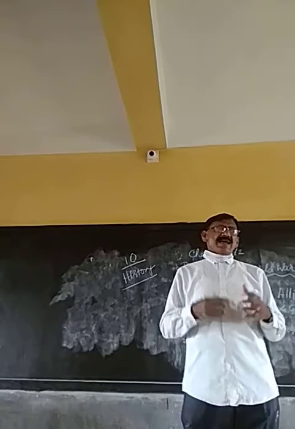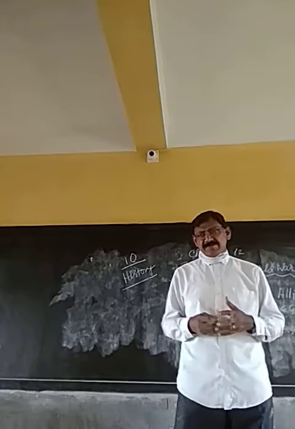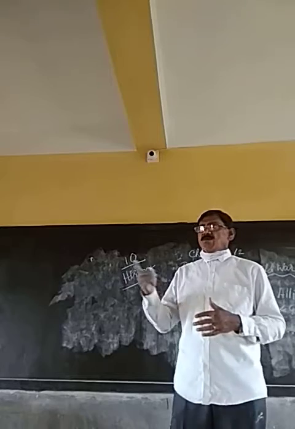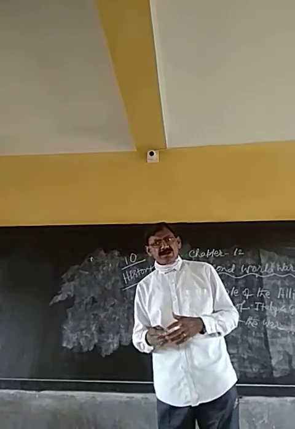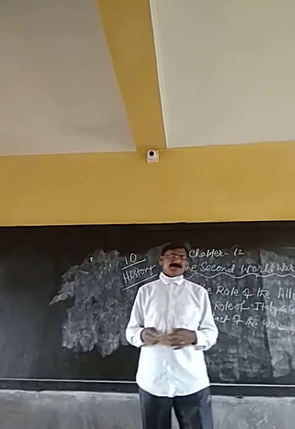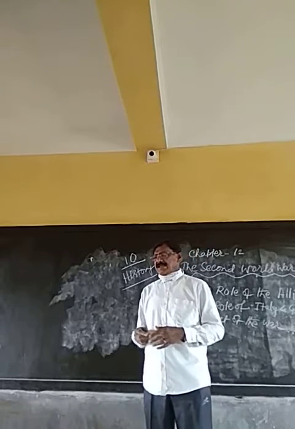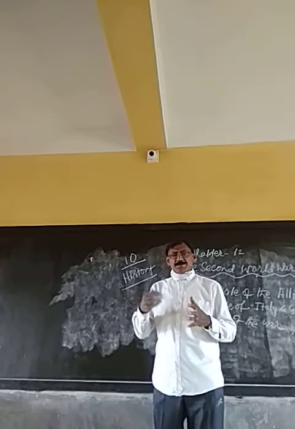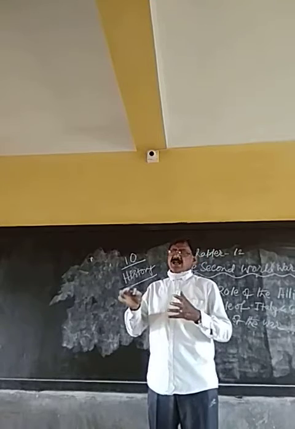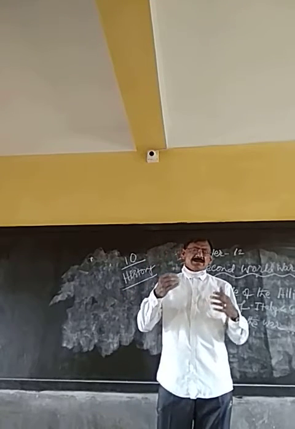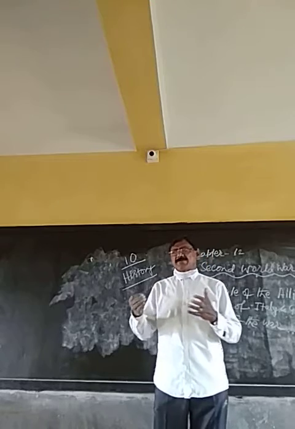That's why they adopted the policy of appeasement and allowed Japan to invade more and more territories of the world. As a result, Japan left the League and kept on extending her empire throughout Asia, Europe and Africa.